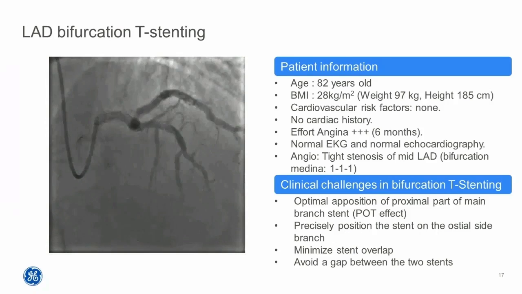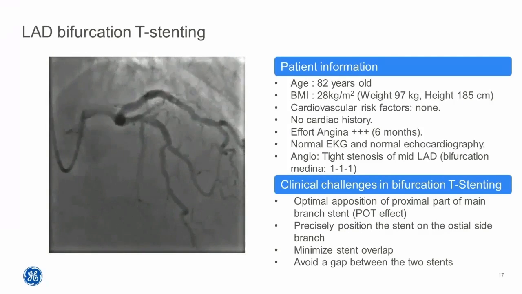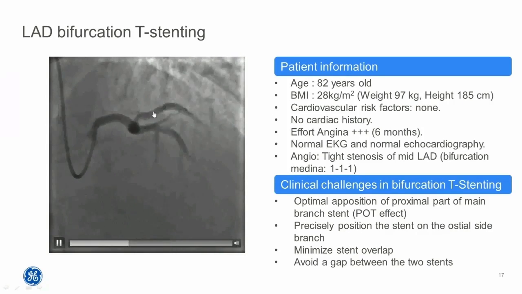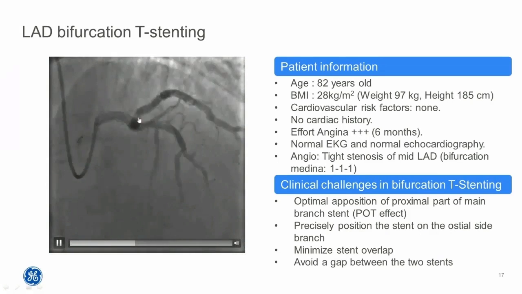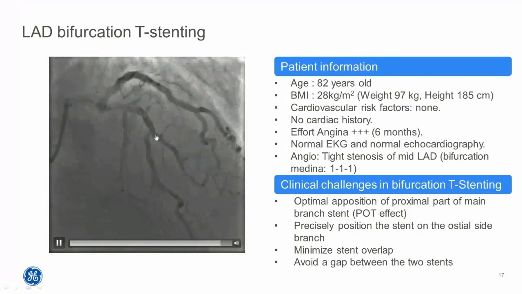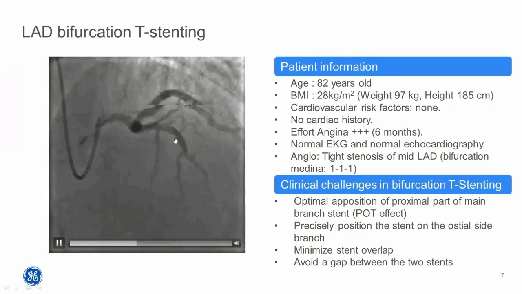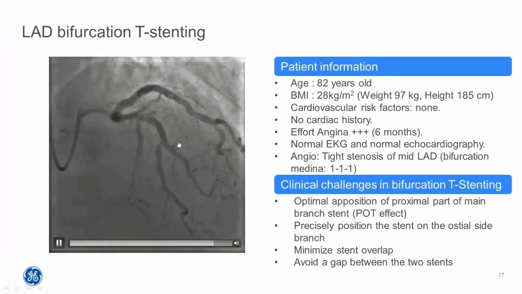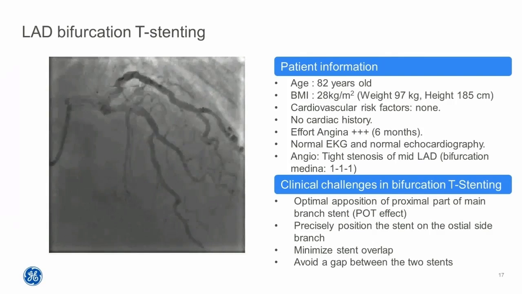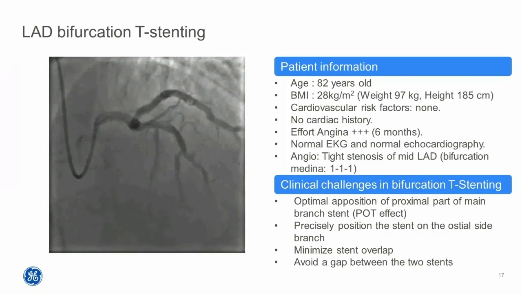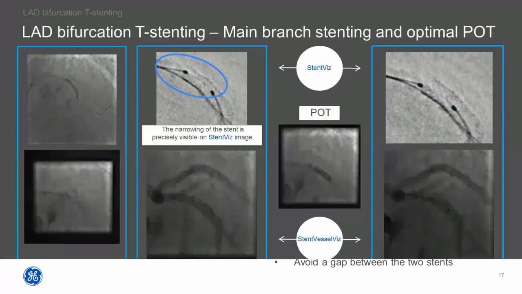So the steps are to put the stent on the main vessel, do a proximal optimization of the proximal part of this vessel, and then use a second stent in case of a bad result on the diagonal branch. This bifurcation is 1,1,1 Medina.